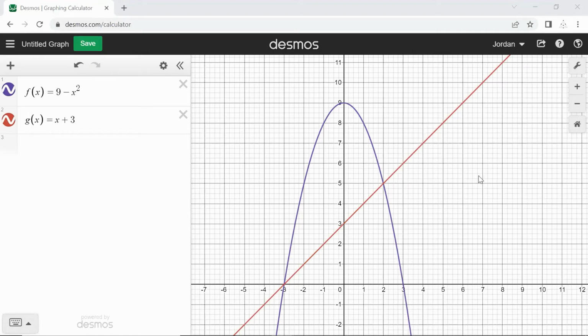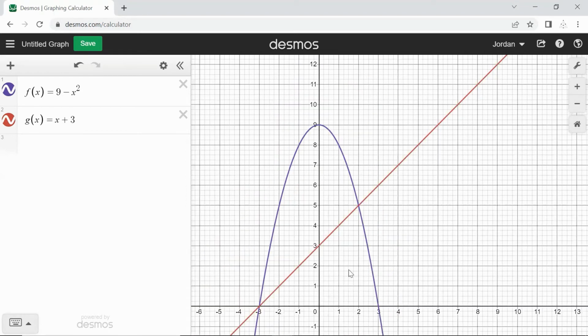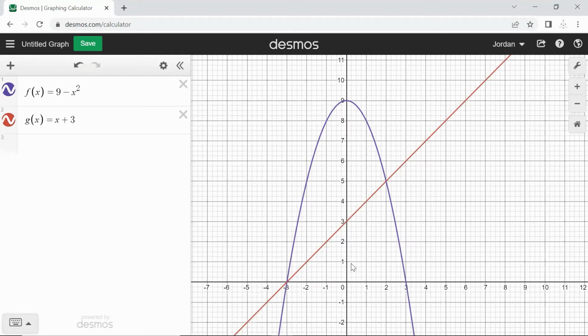Don't be fooled by this x-axis. This x-axis is not a line of bounding. So when you're here, this region covers all there. It's unbounded. So the only region that is bounded that these two curves create is the one in here.